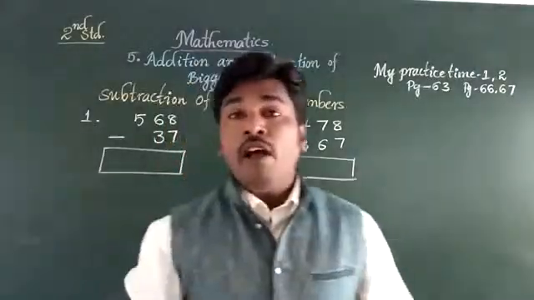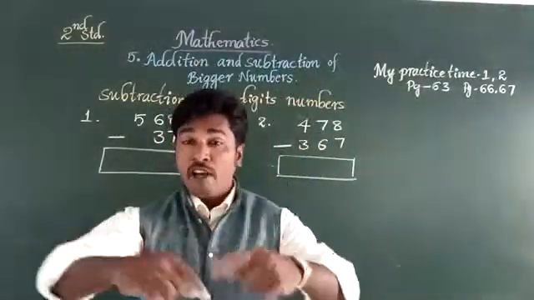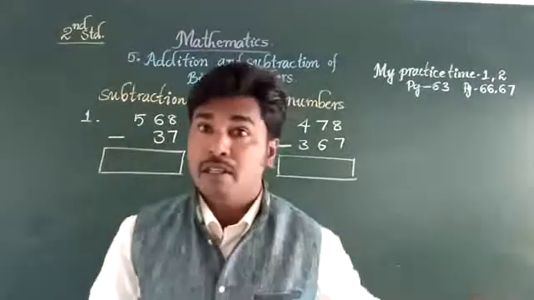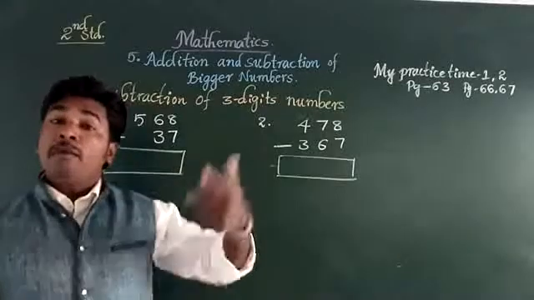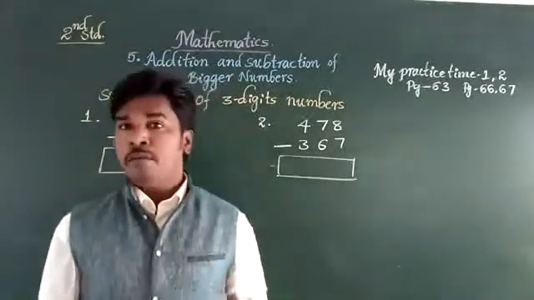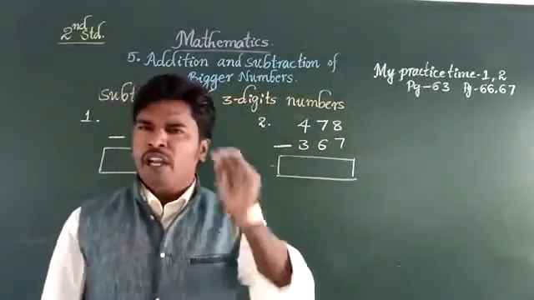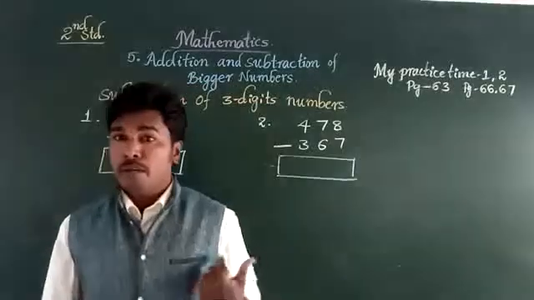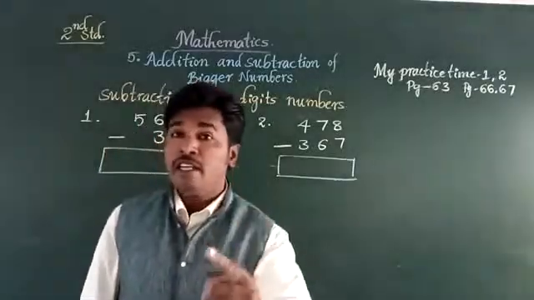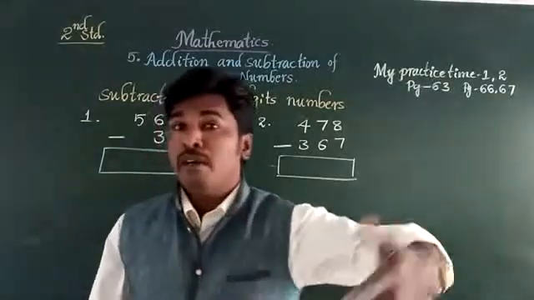Dear children, while adding numbers, you are counting forward numbers. While subtracting, you are counting before numbers, backward numbers. Whenever you are using subtraction, you should always count backward. When it is addition, you count forward, the next numbers.